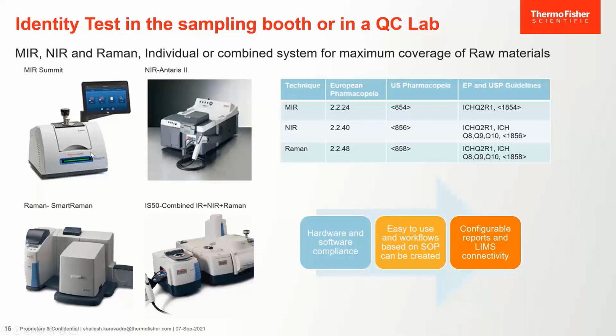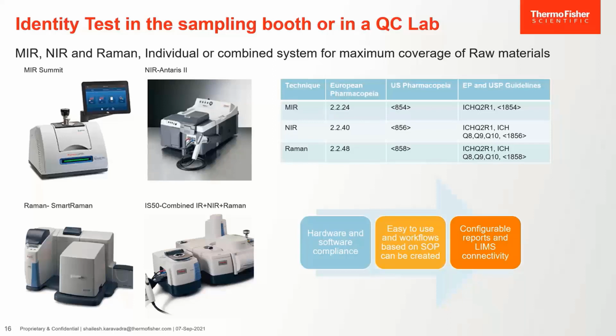And here are our four typical units that are used for identity testing: a mid-infrared Summit FTIR, a near IR Antares 2, and a standalone macro Raman, which can also have a probe for getting into remote samples. And then we have the IS50, which is our base FTIR, and it can be configured for all three techniques together.